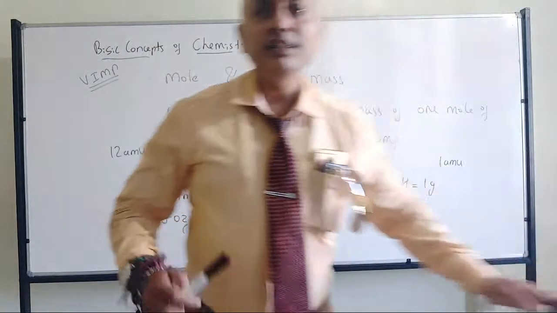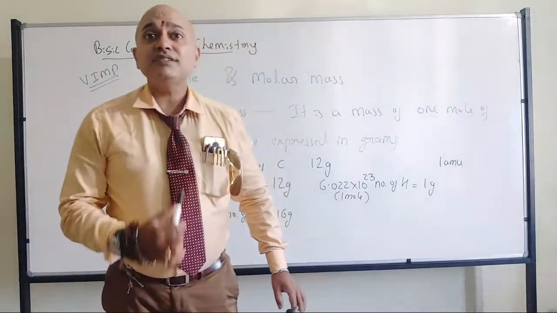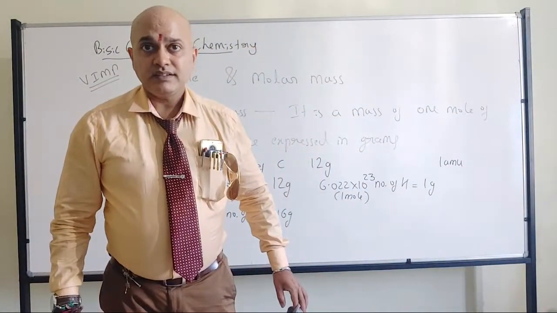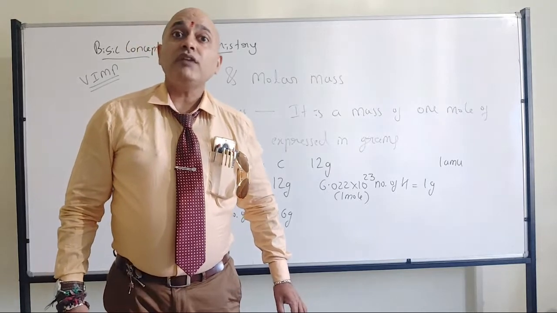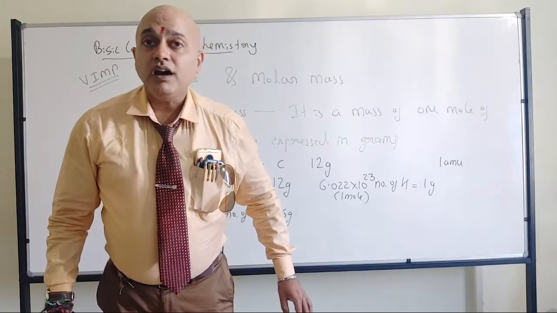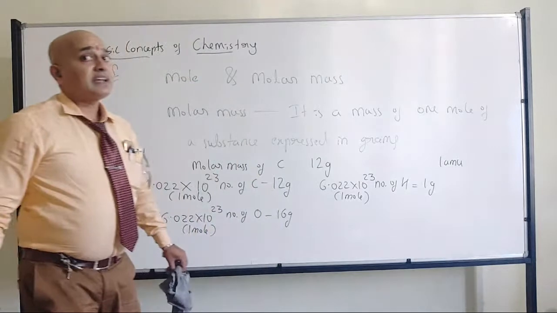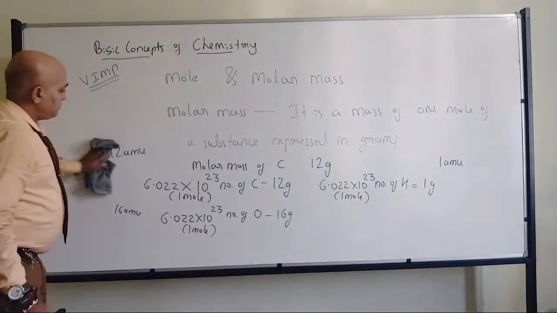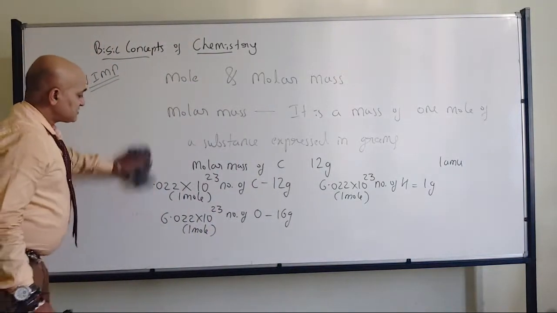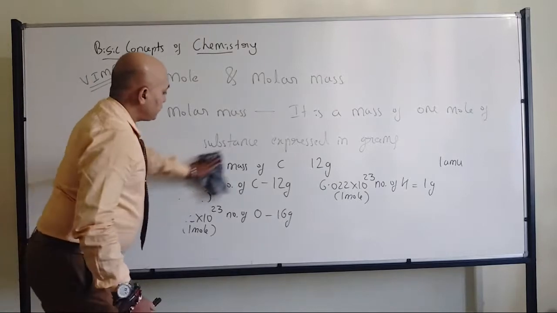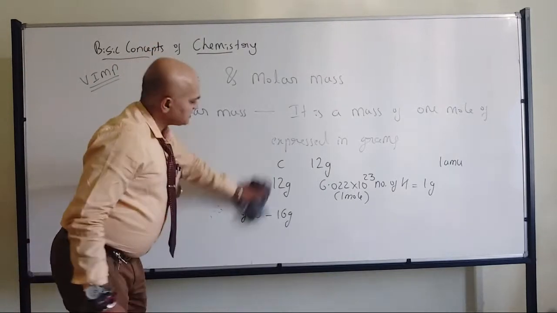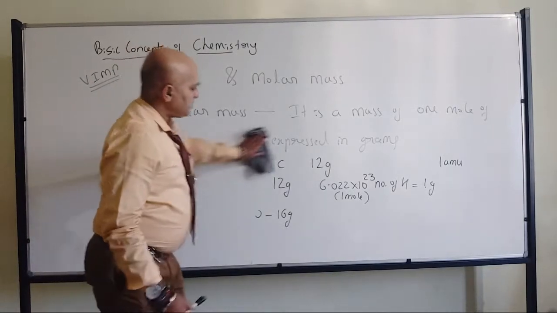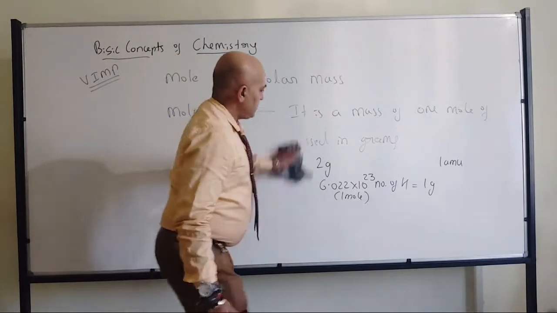If I take 1 Raghavendra sir, it is 65 kg. But if I go with Avogadro's number of Raghavendra sir, we cannot imagine the value. So that's where we have the molar concept. It's a huge number.